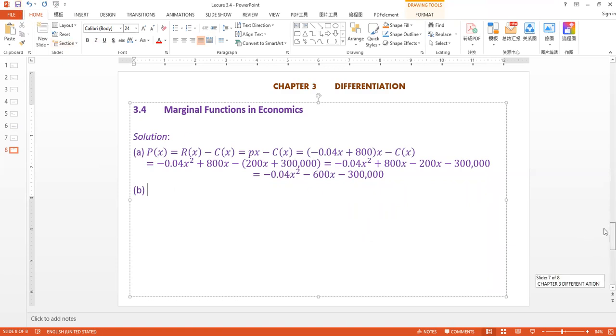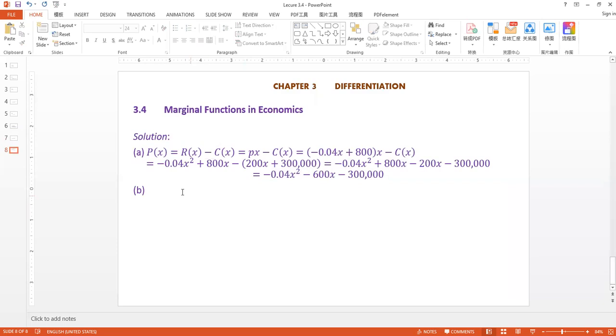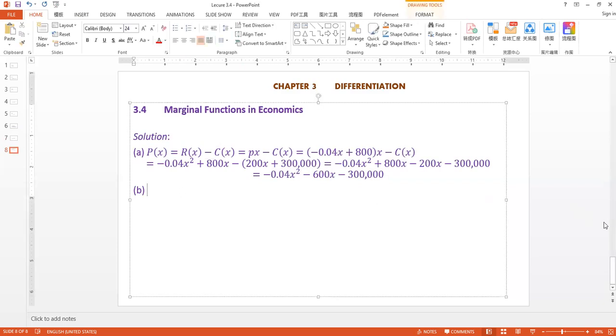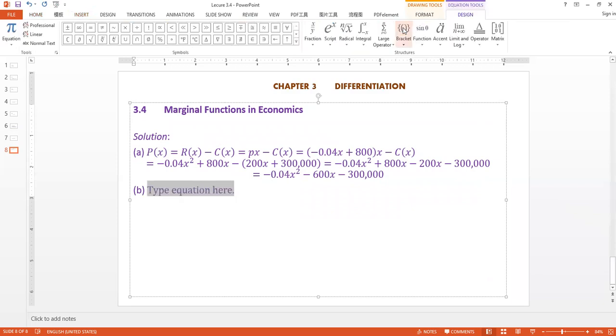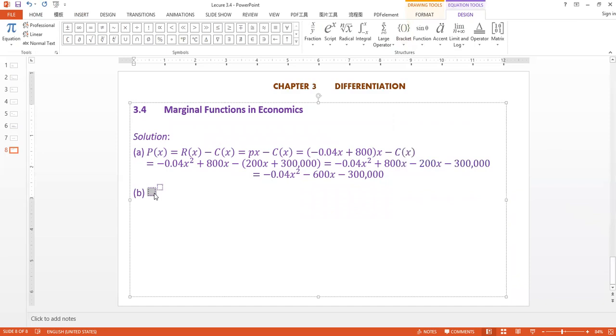Then we need to find the marginal profit function. So the first part is the total profit. We already found the profit function. The marginal profit function is just the derivative of the total profit by definition. Okay, so that's what it means by marginal.